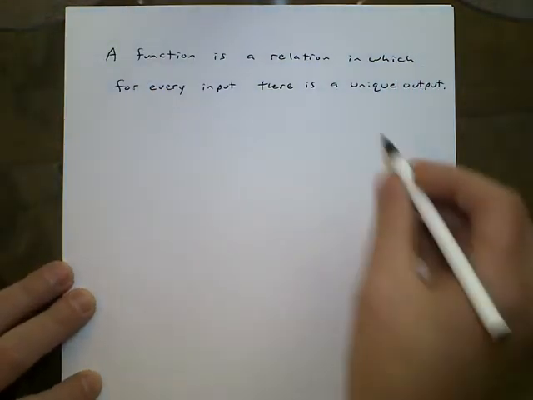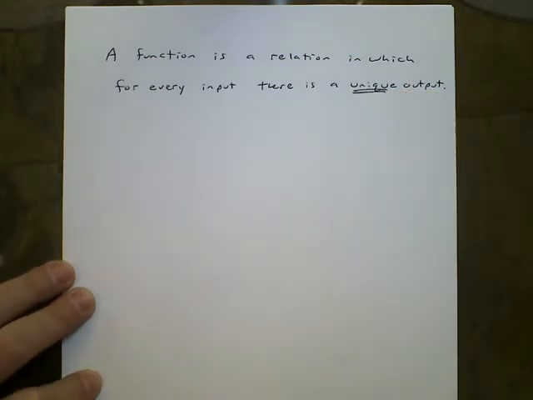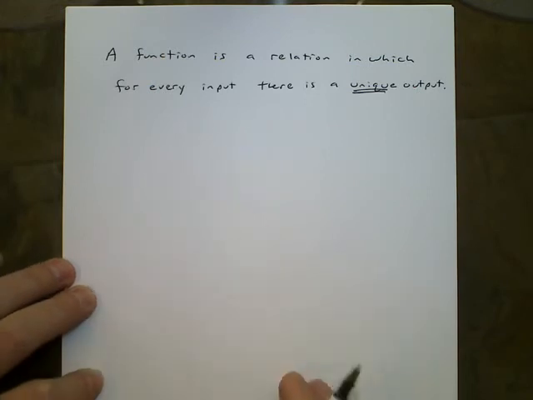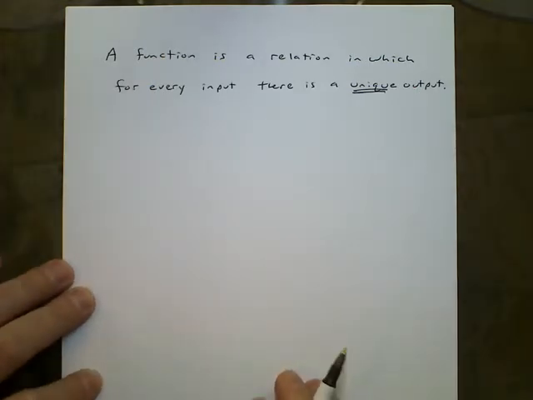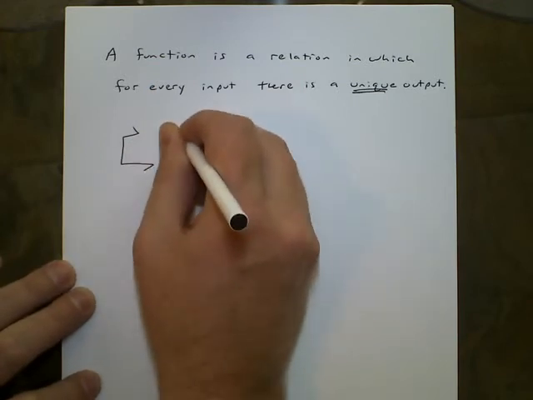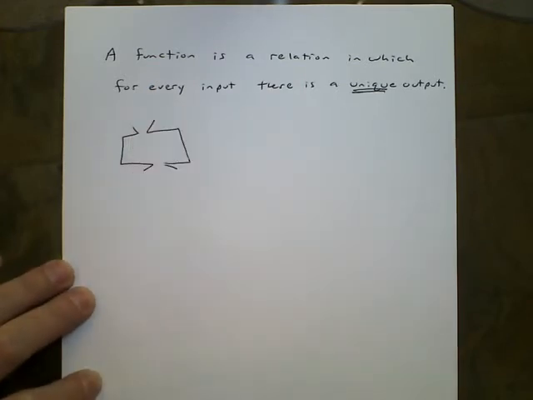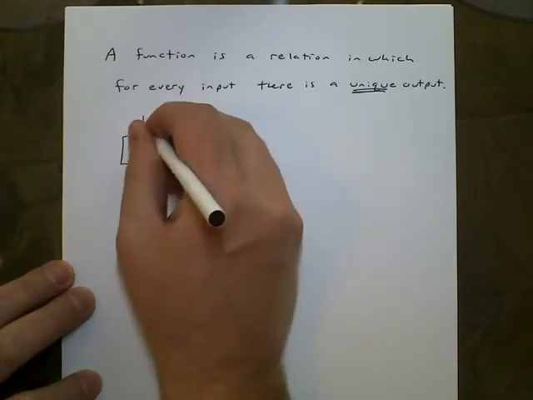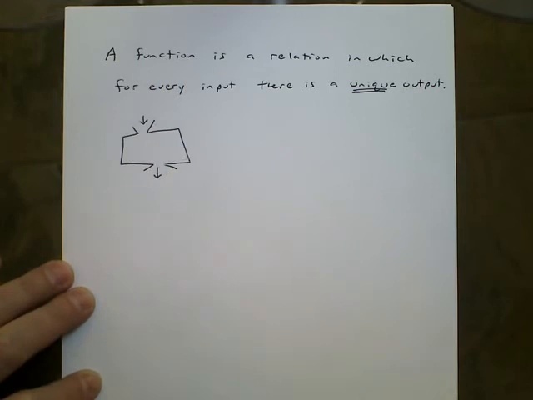All right, so at the core of the definition is the word unique. It means every time you put one thing in, you have to always get the same thing out. So if you think of a function, it's kind of like a machine that does something. In this machine, we're going to drop stuff in the top, and it's going to spit stuff out the bottom.